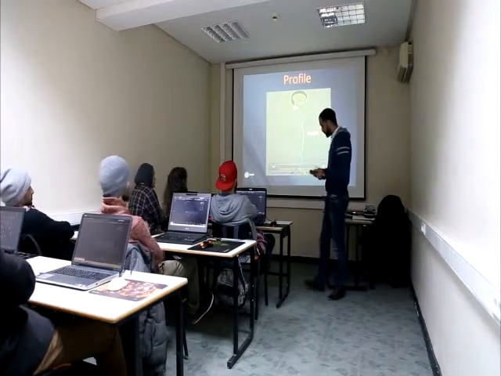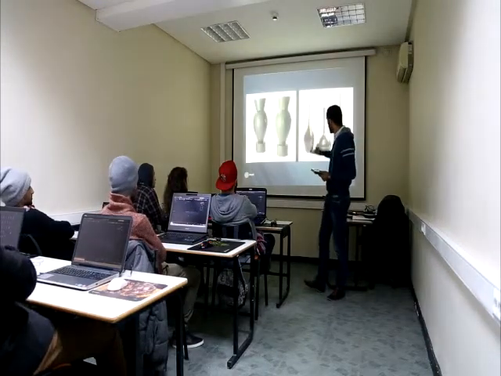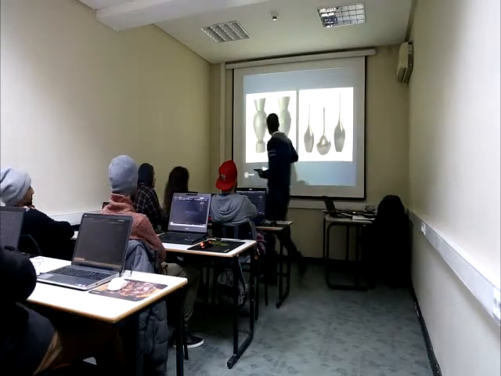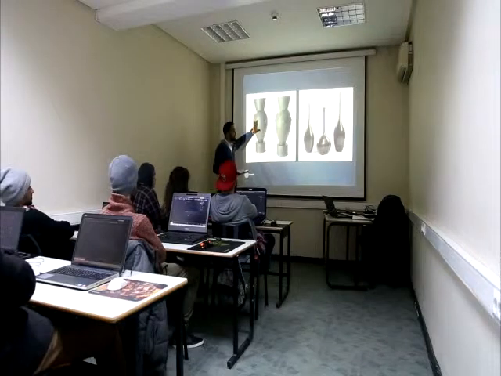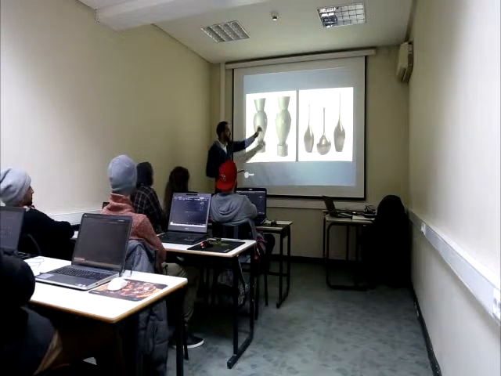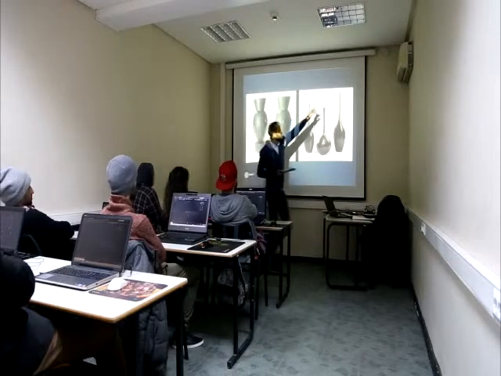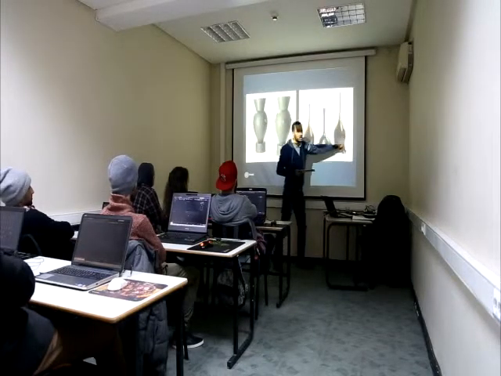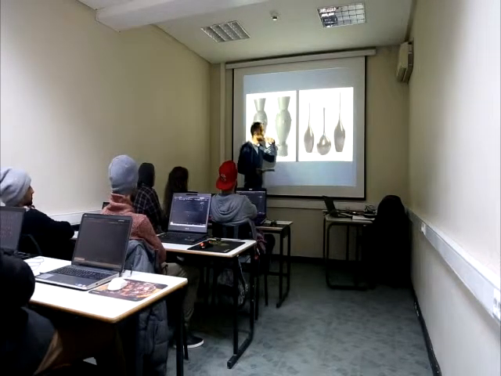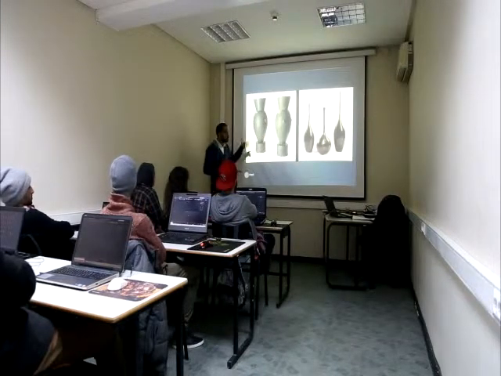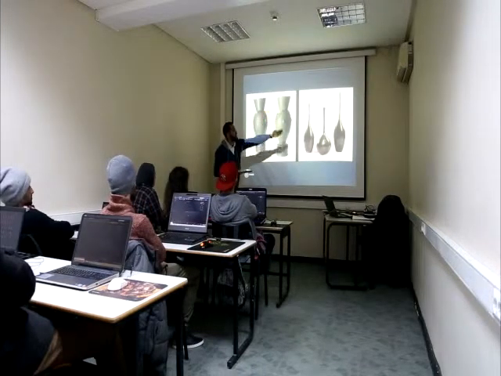Okay? So, in the next video, we have two types of objects. We have this example on the left side and this example on the right side. Here we have a repetitive profile. If we make our section, as we have just seen in the last example, we see that we have a repetitive profile.